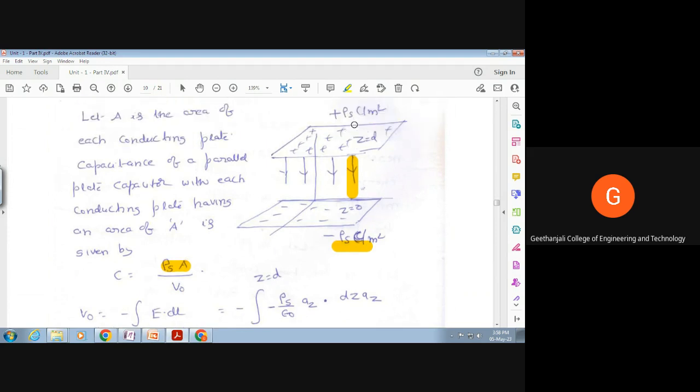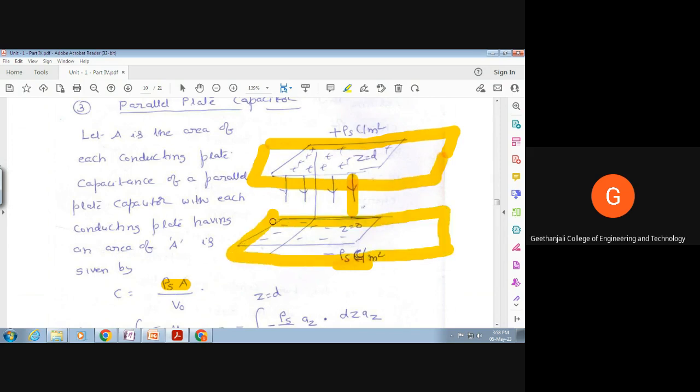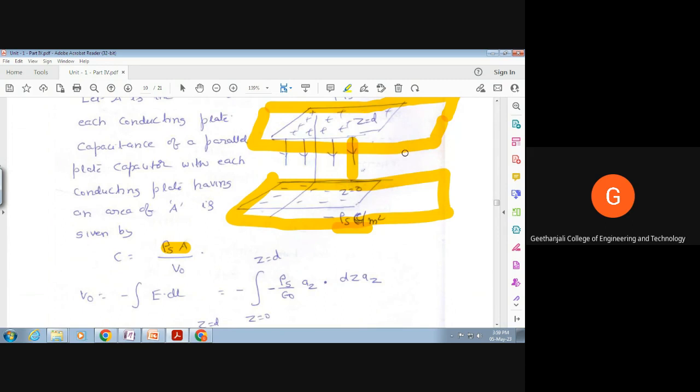Assume that each one is of infinite surface charge. This is infinite surface charge. This is also infinite surface charge. So the electric field due to infinite surface charge is rho S by 2 epsilon naught. So this creates an electric field equal to rho S by 2 epsilon naught, and the bottom plate also creates the same amount of electric field.